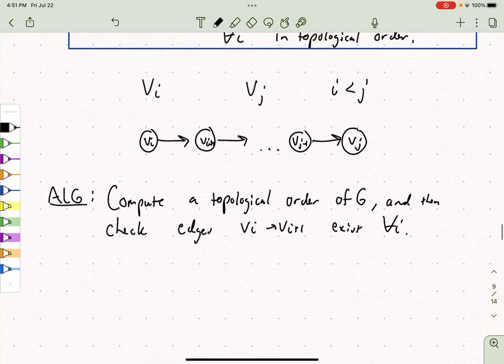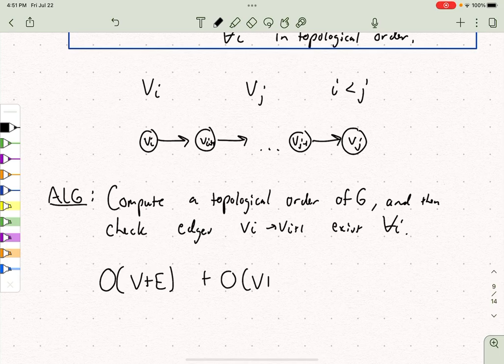The first part is O of V plus E. It's linear time to compute a topological order. And then to check all those edges, that's also V plus E.